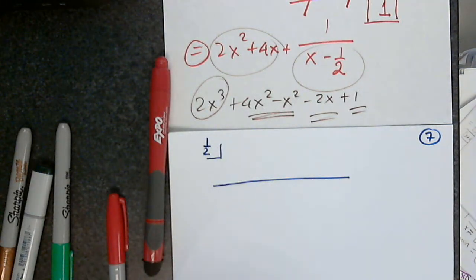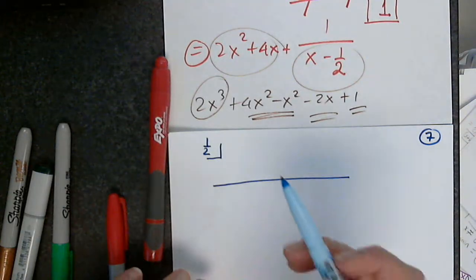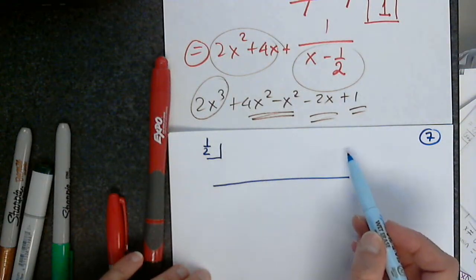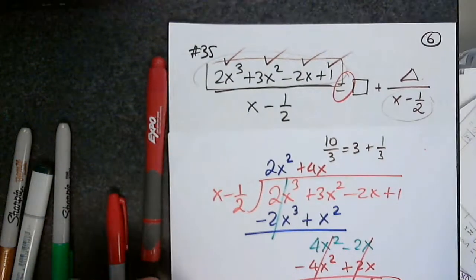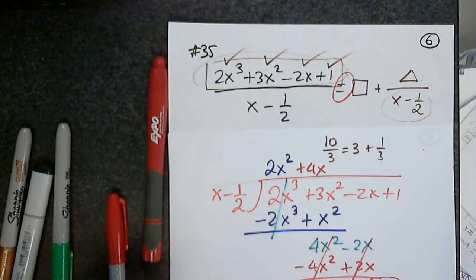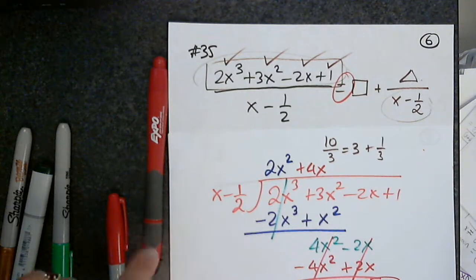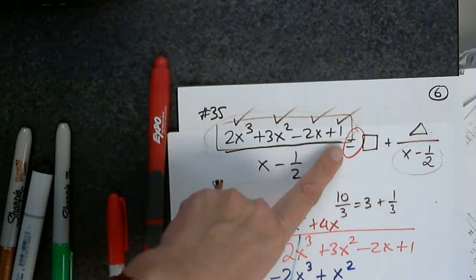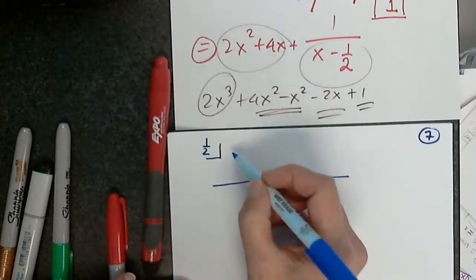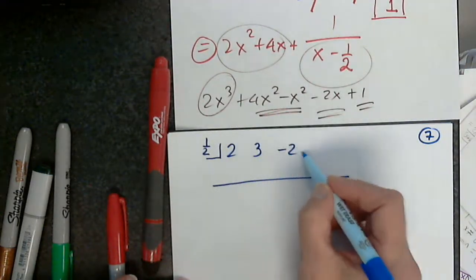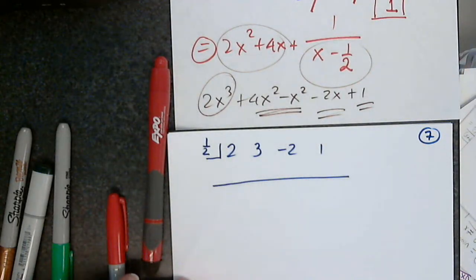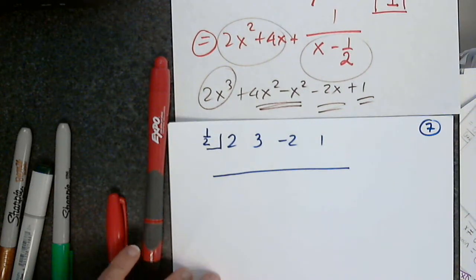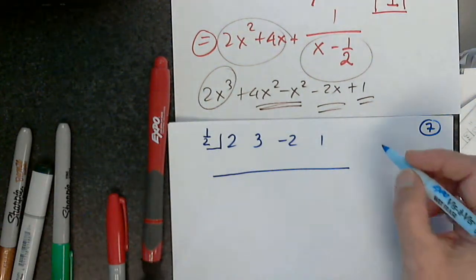So in the box, I have a. Next to the box, all coefficients, even if they're missing, have to be put in next to the box. 2, 3, negative 2, 1, with spaces between. Synthetic division, I should write it here.